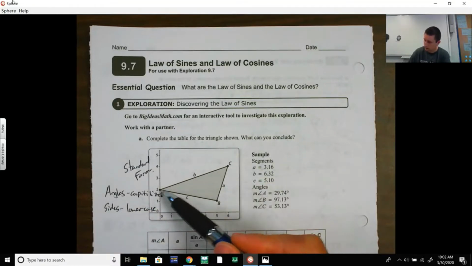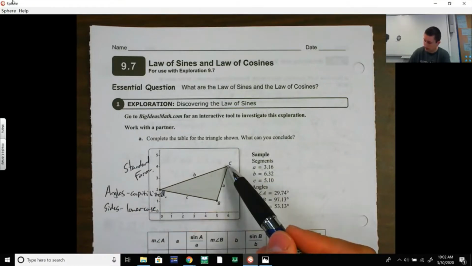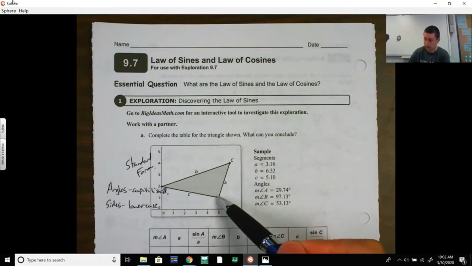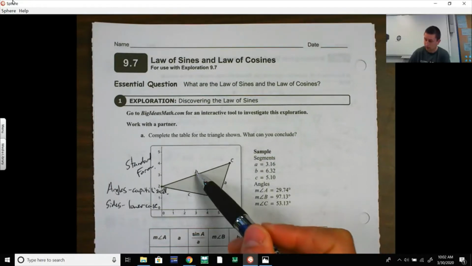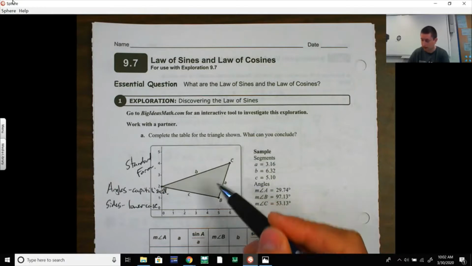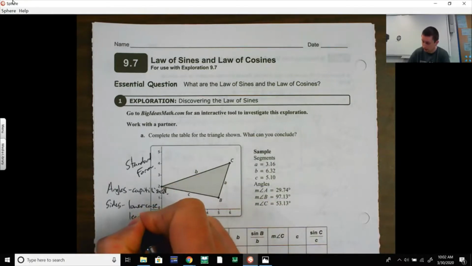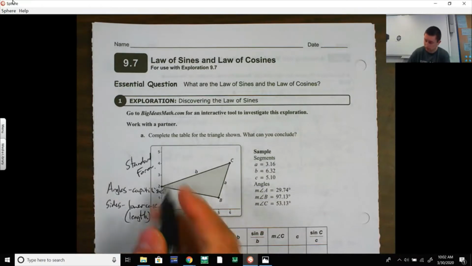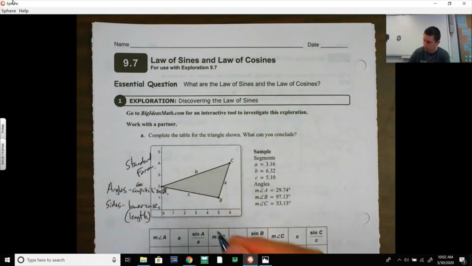So in triangle ABC, notice A, B, and C are the vertices, they are the angles, and they use capital letters. The lowercase ones represent a length. So lowercase is a length, and uppercase, capitalized, is an angle measurement.